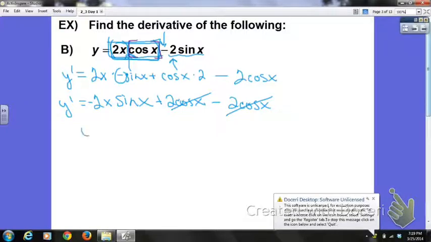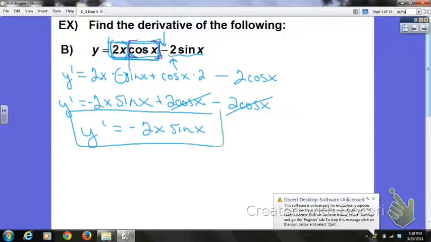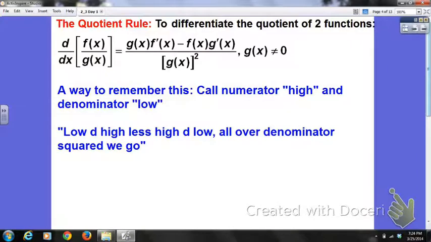So our derivative, y prime, is simply equal to negative 2x sine x. For the first part, we needed to apply the product rule, but for the second part, the minus 2 sine x, we did not. In order to approach derivatives of quotients, we need to apply the quotient rule.